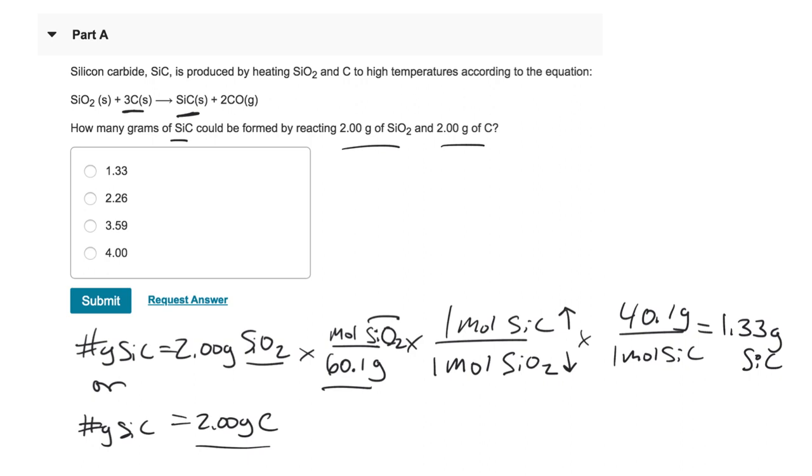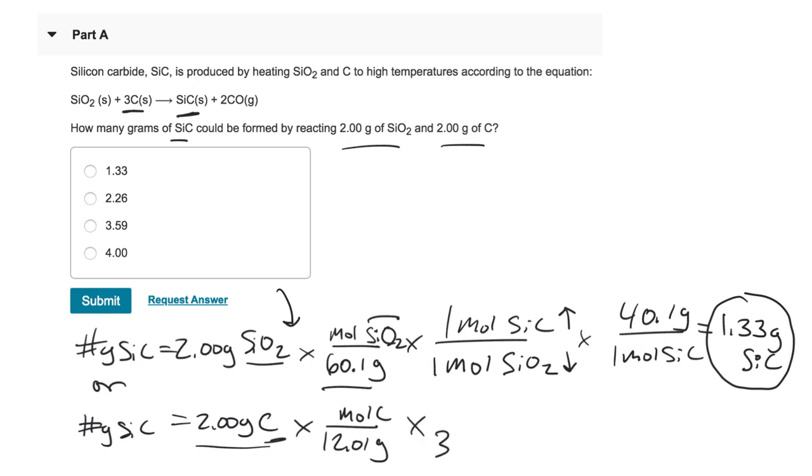Now, how much would we get if we react all the carbon? And so what this means here, to get this much silicon carbide would mean we react all the SiO2, it's down to 0, with the proper amount of carbon to produce this much silicon carbide. Well, let's see how much silicon carbide we get if we react all the carbon. So 12.01 grams per mole of carbon. For every 3 moles of carbon that react, and are lost, we produce 1 mole of silicon carbide.